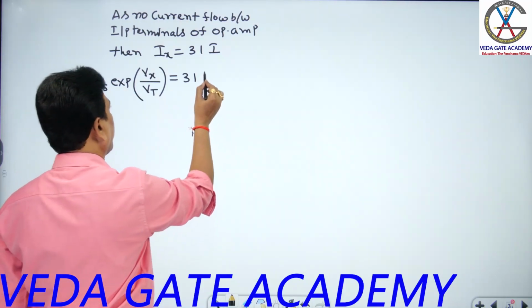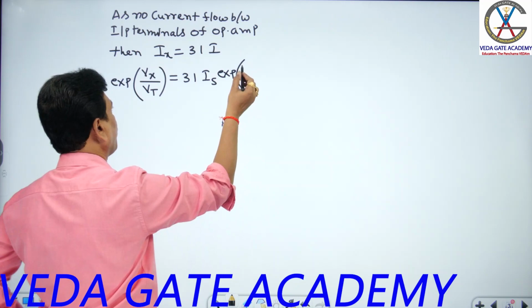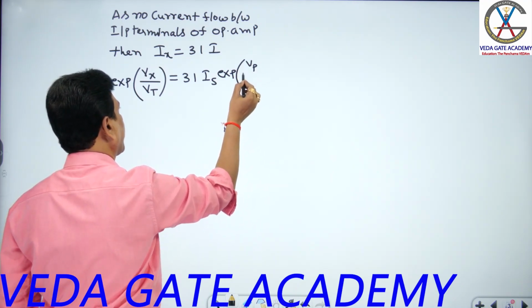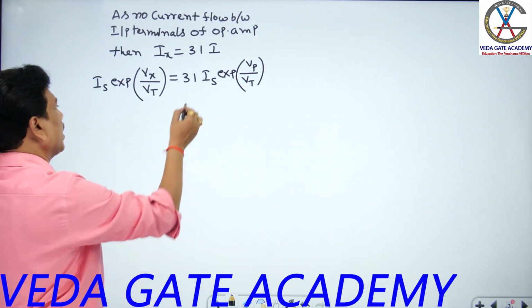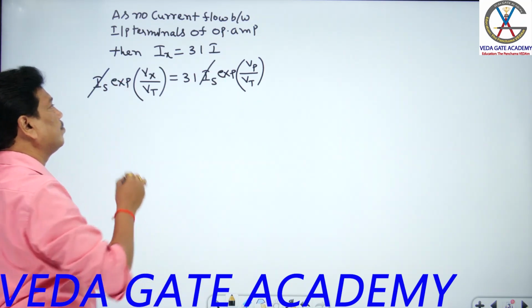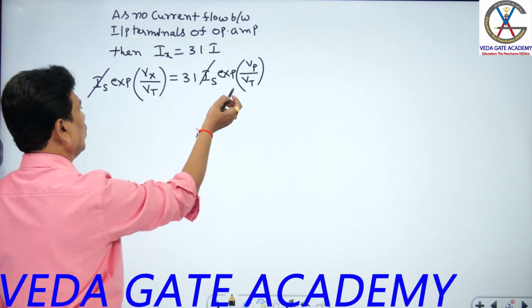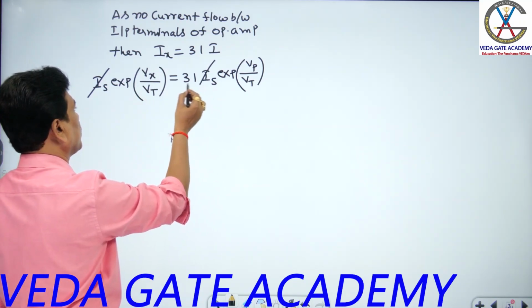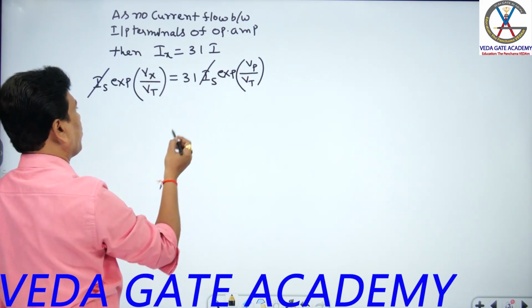That again I write as Is into exponential of the common voltage Vp by Vt. Is is cancelled out, students. So exponential of Vx by Vt equals 31 times exponential of Vp by Vt.